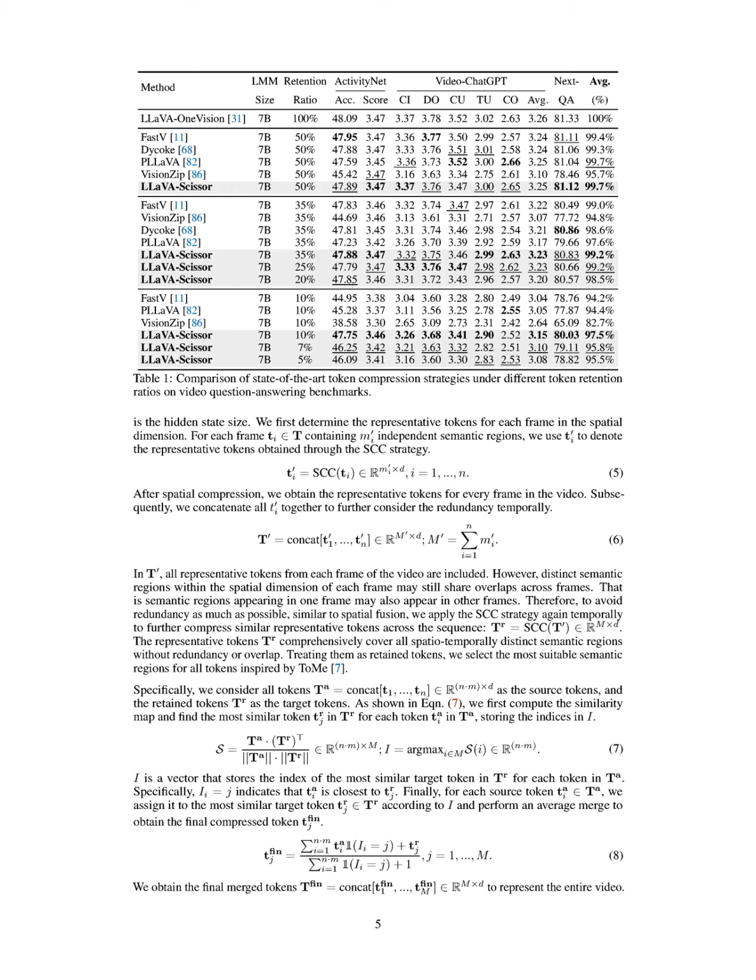In the second step, the temporal dimension is addressed by applying SCC again across the selected representative tokens from all frames, ensuring that overlapping semantic regions across frames are further compressed, resulting in a final set of tokens that comprehensively represent the video without redundancy.